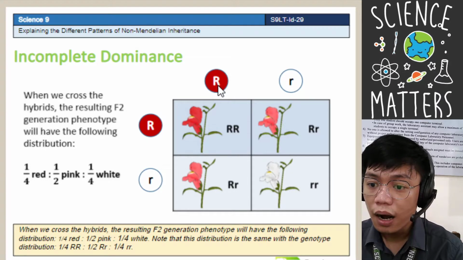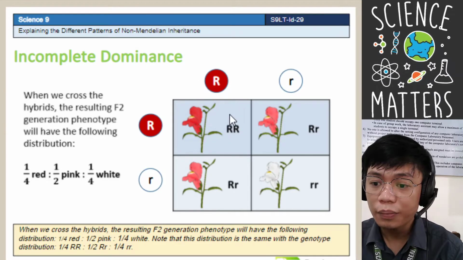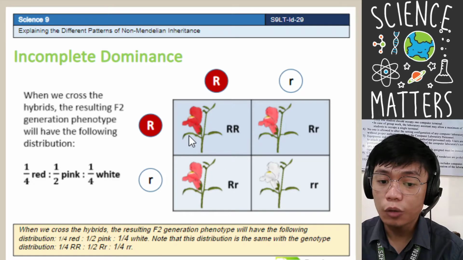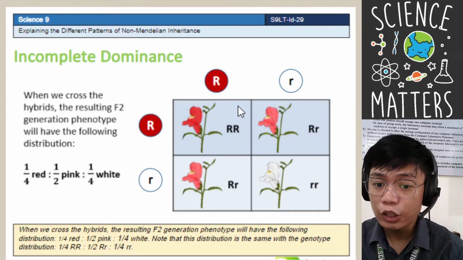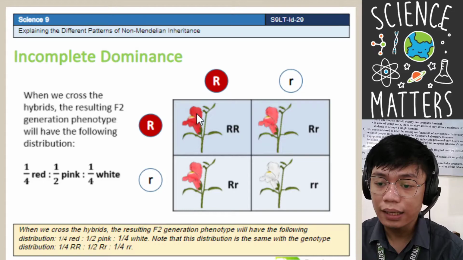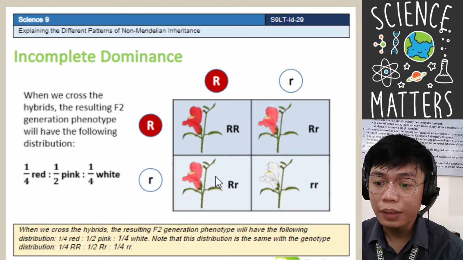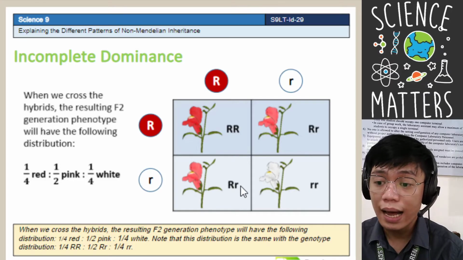So, basically, R, then R here. So, it will become a dominant allele, okay? Or a dominant homozygous allele. Okay? Kapag pinag-cross natin ito, R na capital at R na small, it will result to a dominant heterozygous allele.